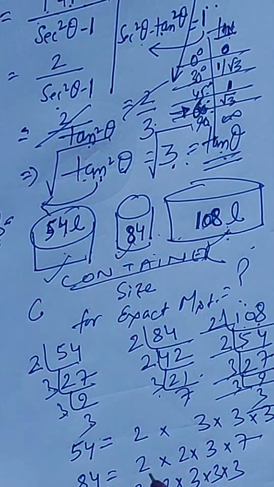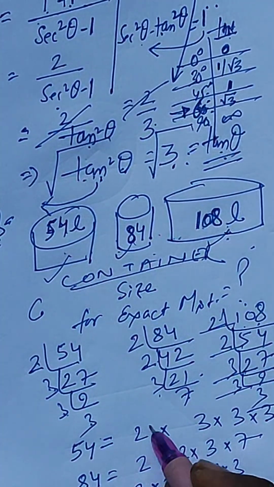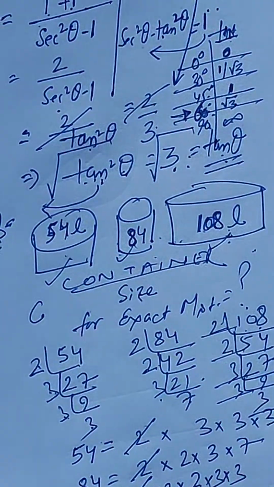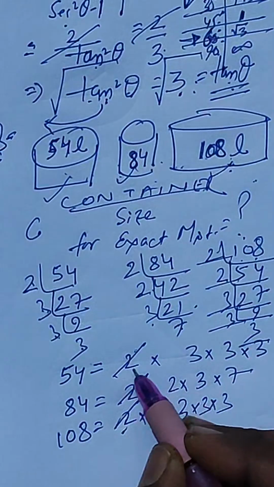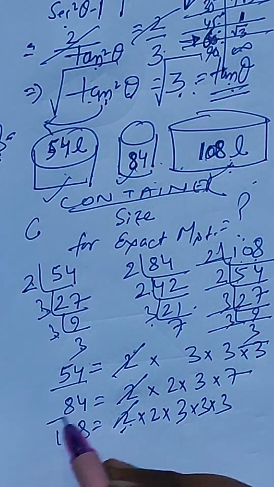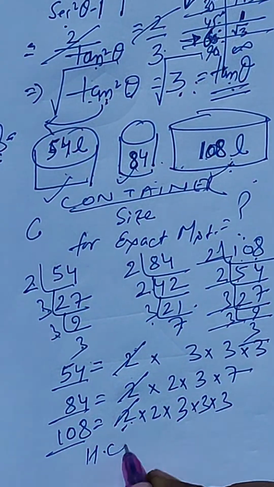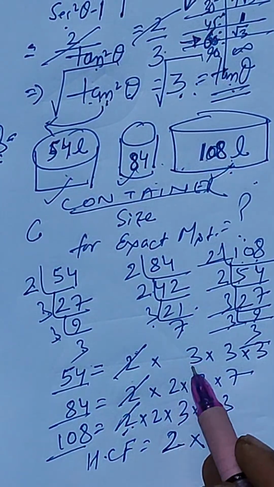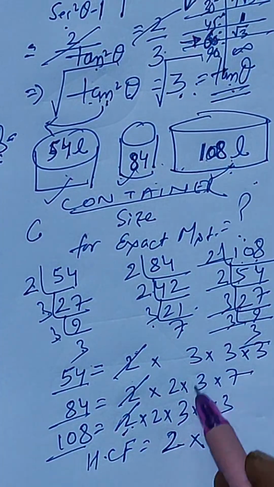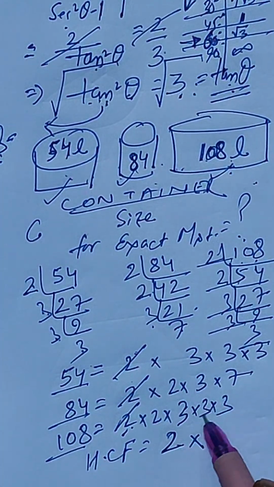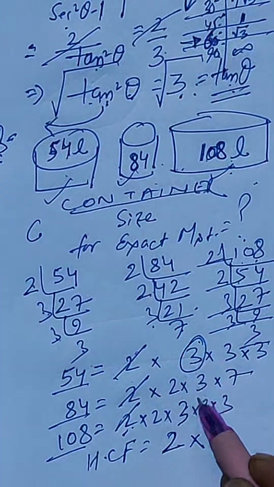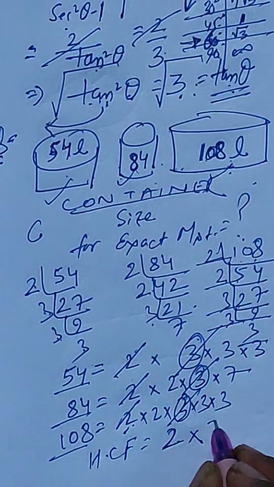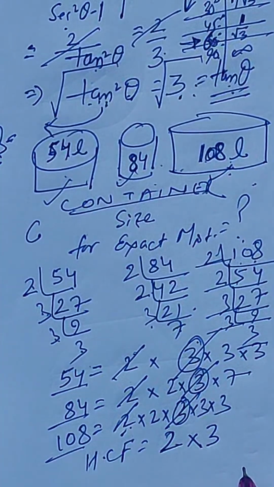And just see the common things in this. You can see 2 can be taken from all of these three factors of 54, 84 and 108. So the HCF will be equal to these. If you see another factor which is coming as common, you can see that 3 is also there. So this can be taken as common, and we can multiply this over here, right?